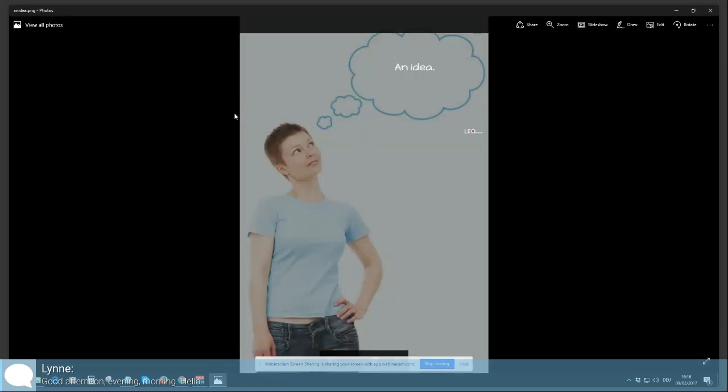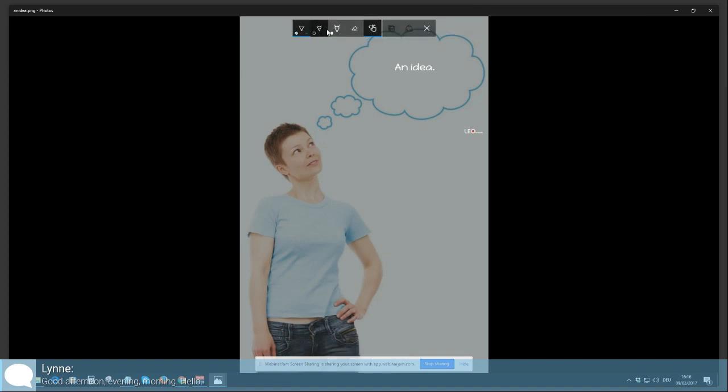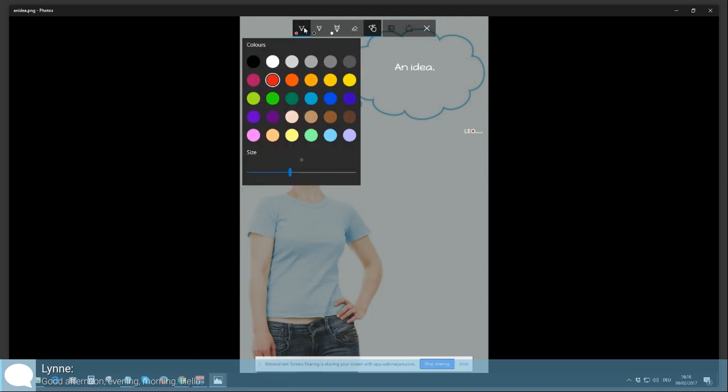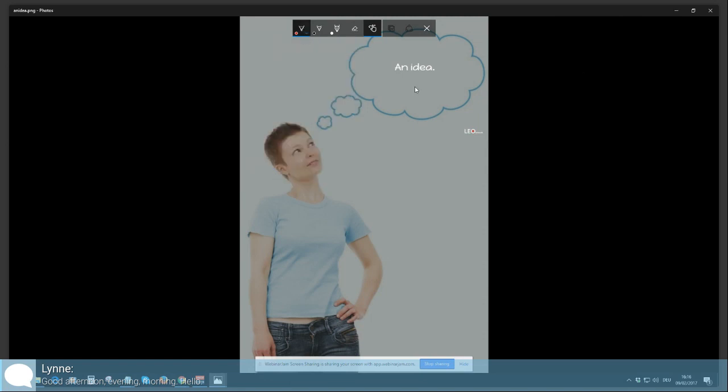Okay? An idea is a noun. So if you get a test which asks you to mark all the nouns, an idea can be a noun. A thought can be a noun.